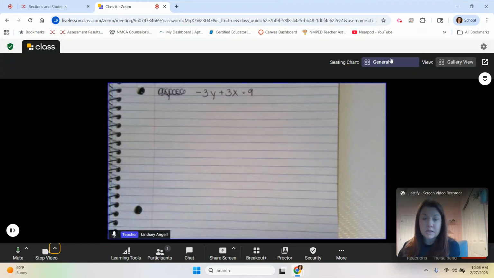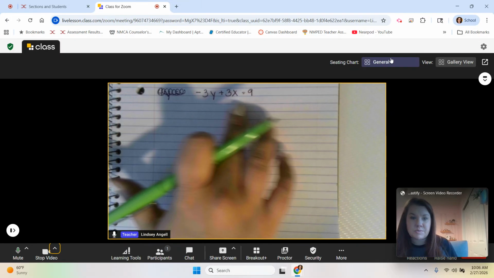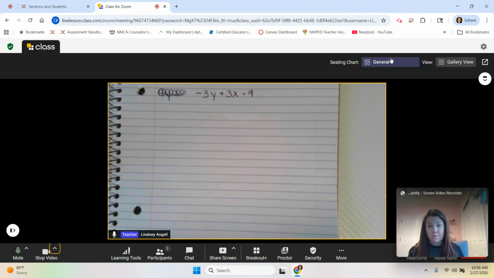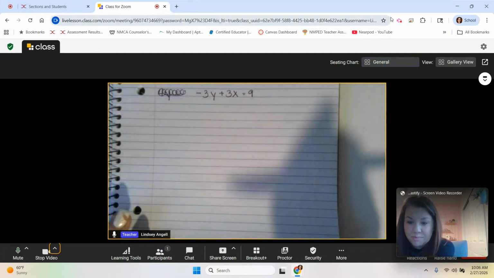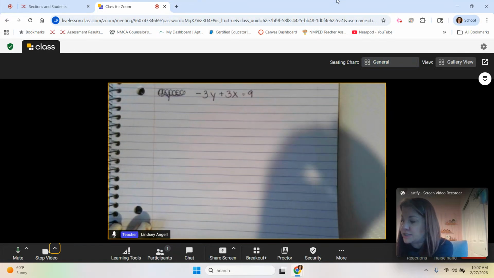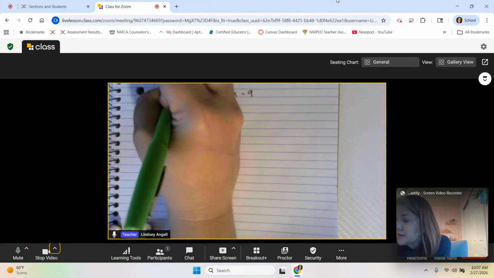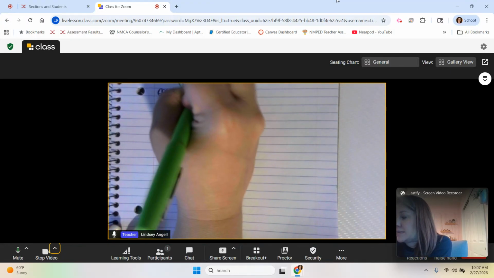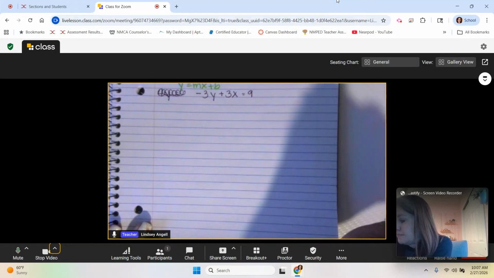Last one. In your, what was it? Unit 5, lesson 8, you were presented with problems more like this setup, where it wasn't in slope-intercept form, but we can change it into slope-intercept form to then graph the equation and everything. So as a reminder, slope-intercept form is y equals mx plus b.